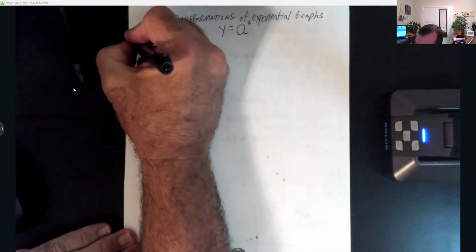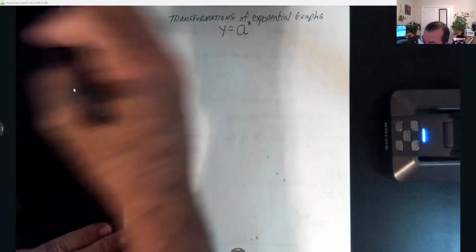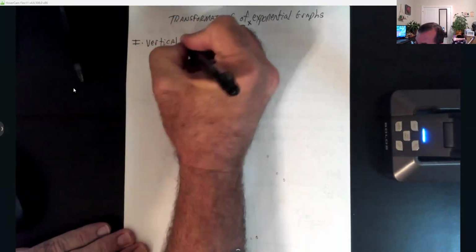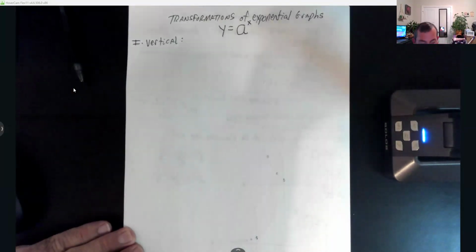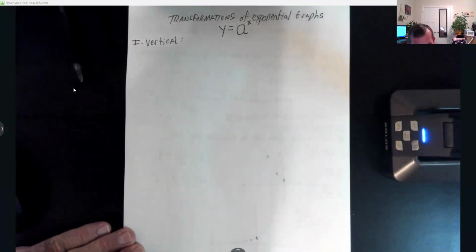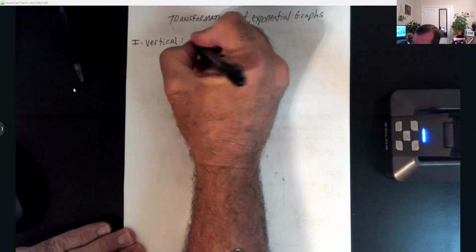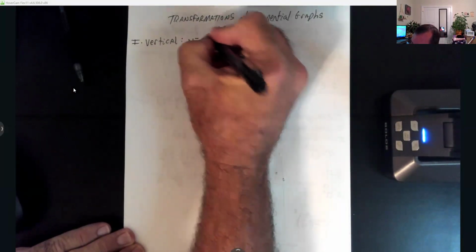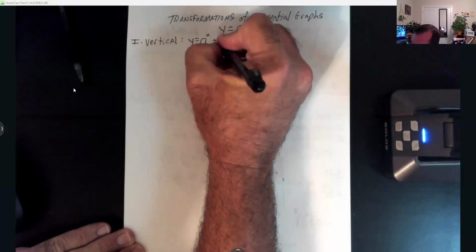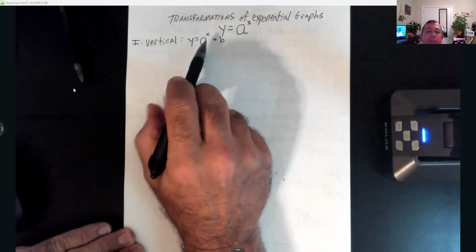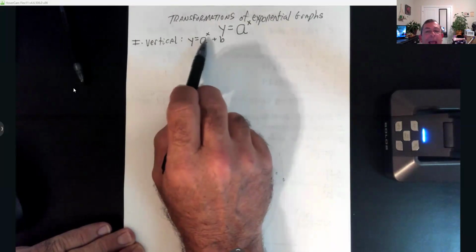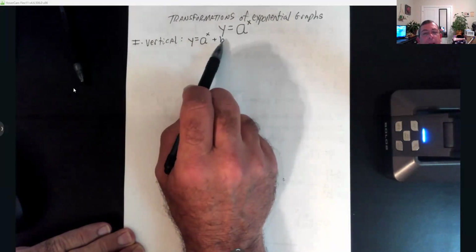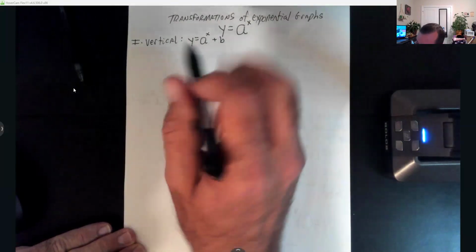So the first move, we're still going to do vertical transformation. So vertical is your up and down. So that'll be y equals a to the x plus b. So here's my function. If I add a number at the end of my function, it's going to go up or down.